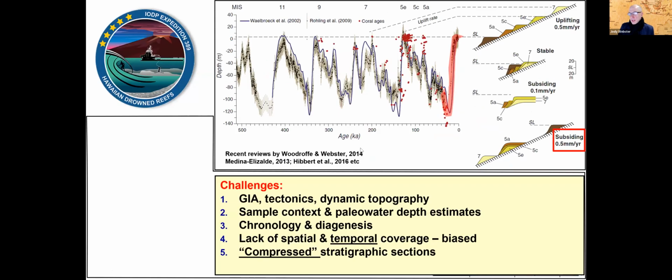And this is a diagram here. There's been a bunch of recent reviews over the last 5 to 10 years or so, pulling together a range of different sea level records, both corals and other records, for example, from the Red Sea and so on. This is Waelbroeck and Elko Rohling. And these red dots, for example, in this diagram represent the records from fossil reefs.